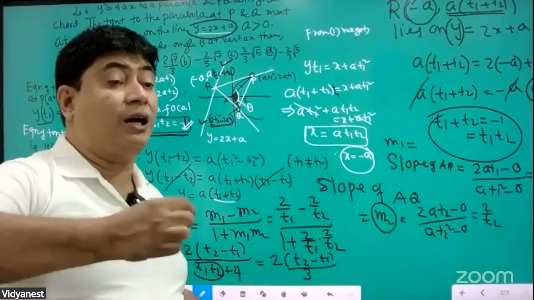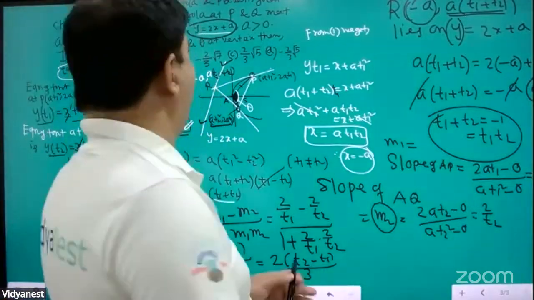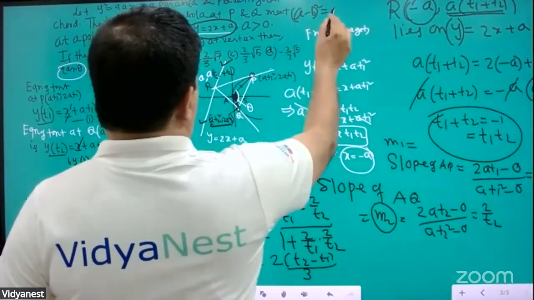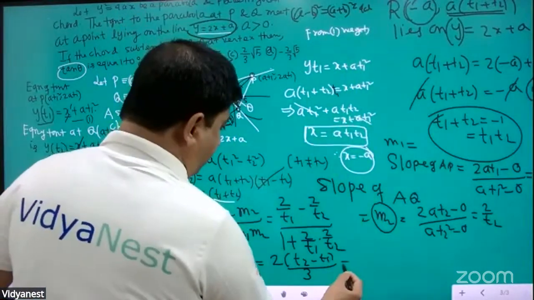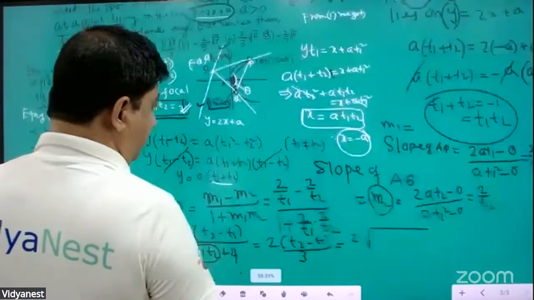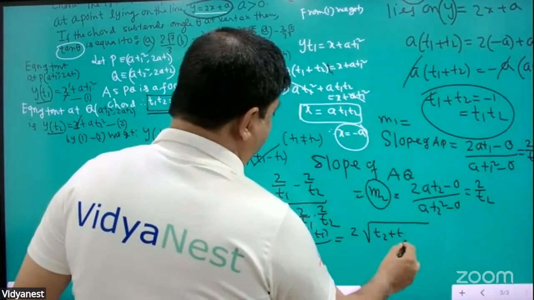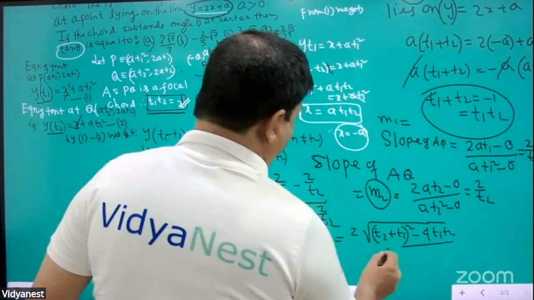Now, how to find t2 minus t1? Again, you have to recall the formula which you were taught in class 7: (A minus B) whole square equals (A plus B) whole square minus 4AB. I hope you can remember. So this can be written as (t2 minus t1) equals the root of (t2 plus t1) whole square minus 4 t1 t2, by 3.